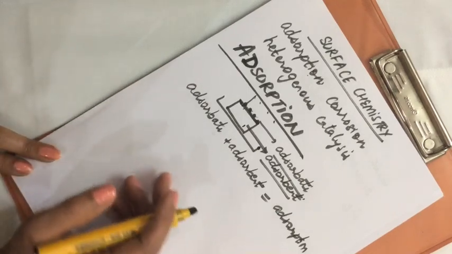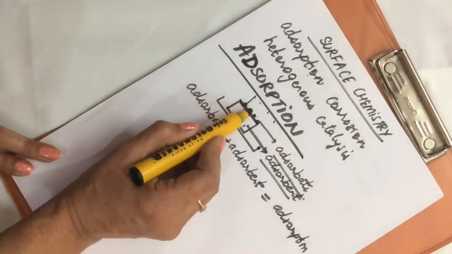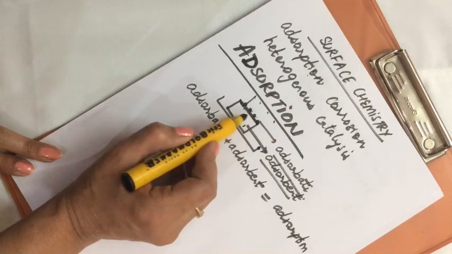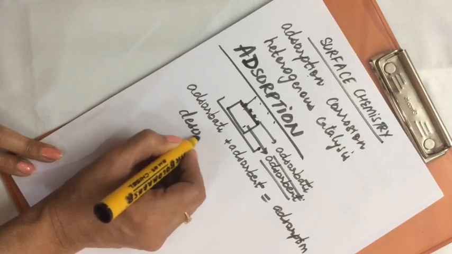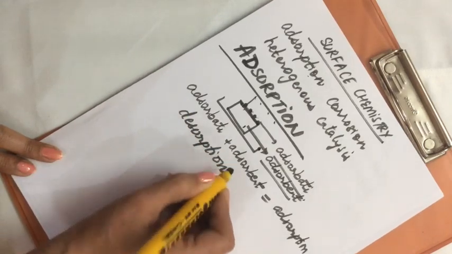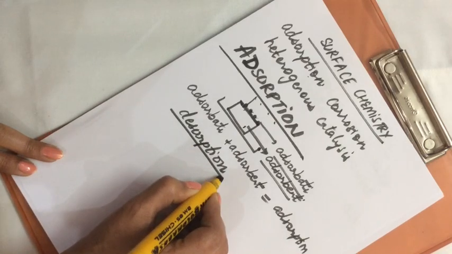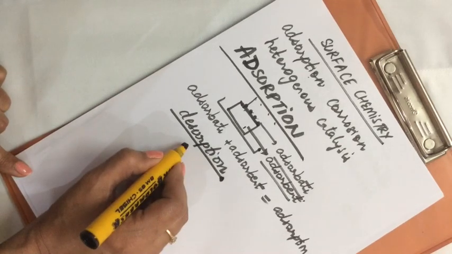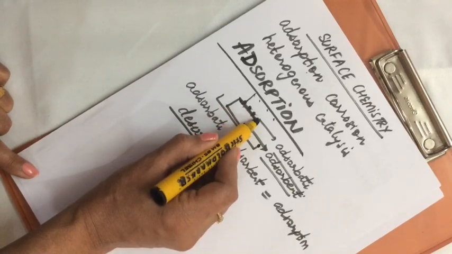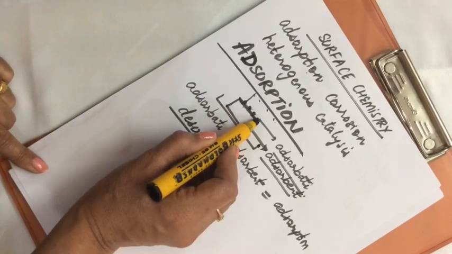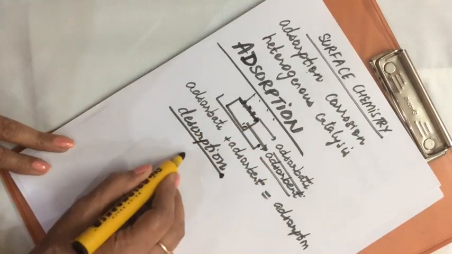The reverse process, that is, removal of the adsorbate particles from the surface of the adsorbent, is known as desorption. And if the adsorbent is a metal and it is adsorbing gas molecules on its surface, then this process is known as occlusion.